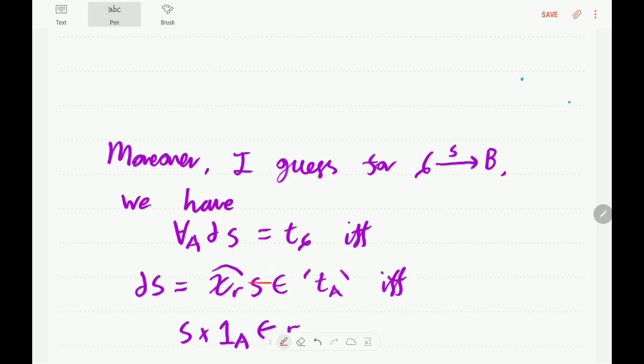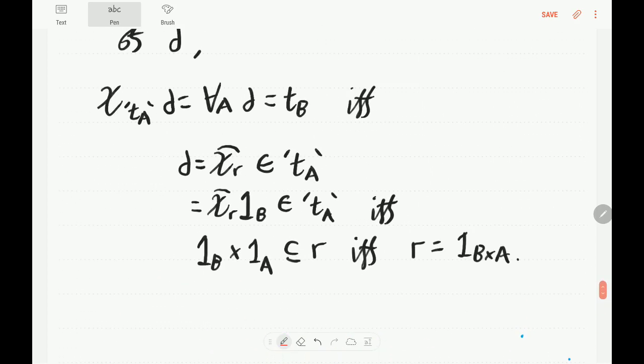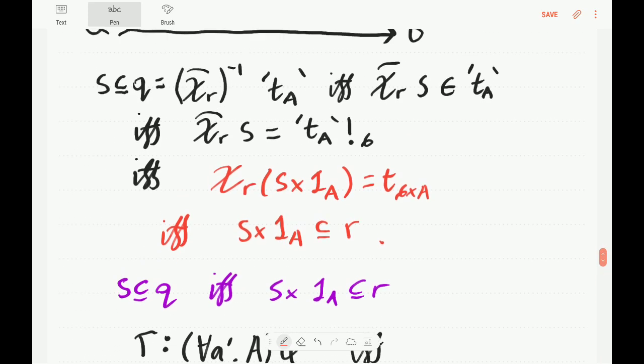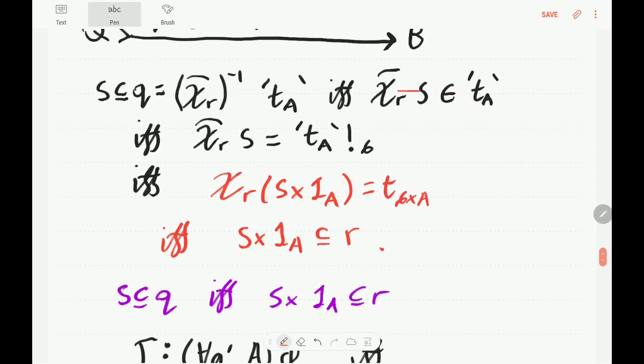And then we can, again, correspond this with partway through our proof up here, except now S is not monic, but I don't think that matters.